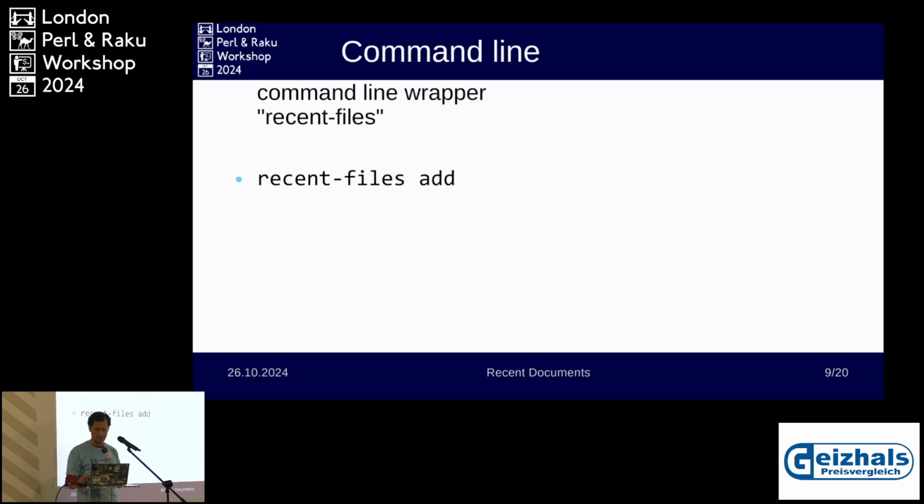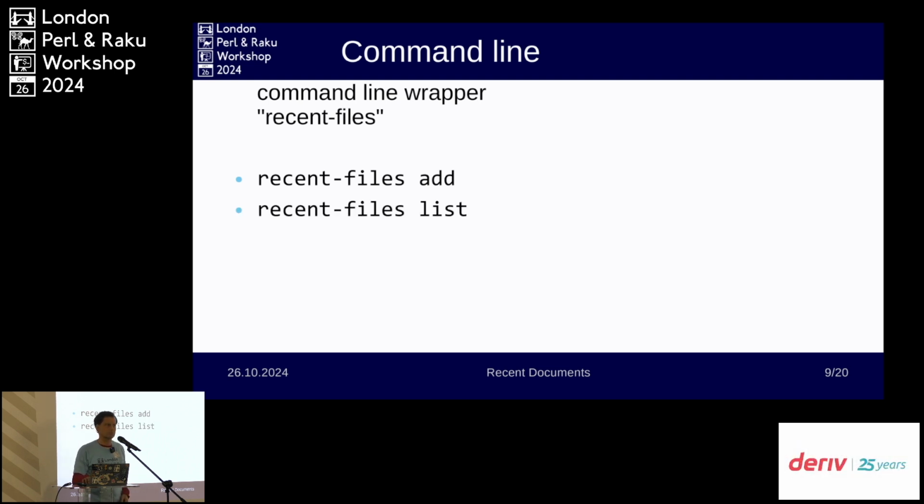So there is recent files add, which unsurprisingly adds a document to the recent files list, which hopefully does the obvious thing, and also recent files remove, which I'm not sure is needed, but I wanted it for testing, so it's there.